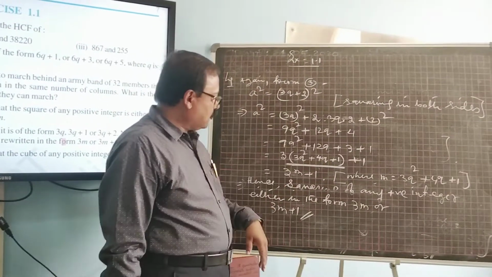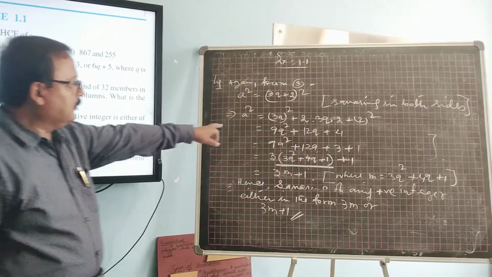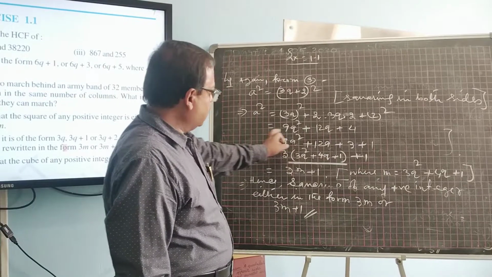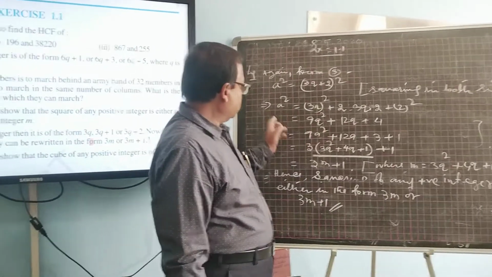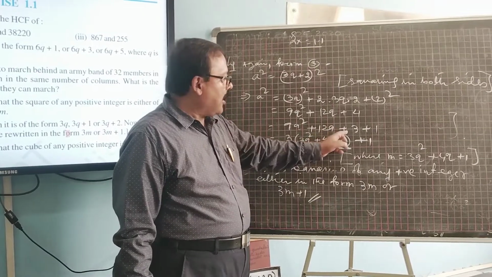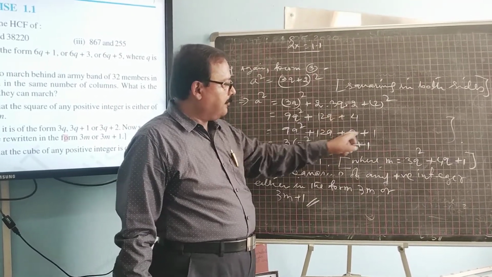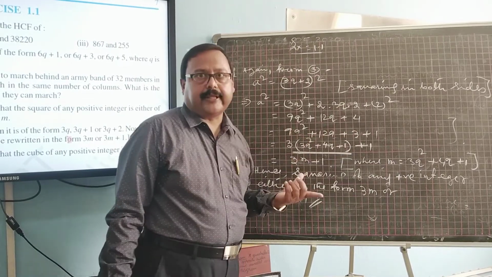Also again you square 3q plus 2, then you get a square equal to 9q square plus 12q plus 4. Then 4 you can break down as 3 plus 1, because here we can take common 3.